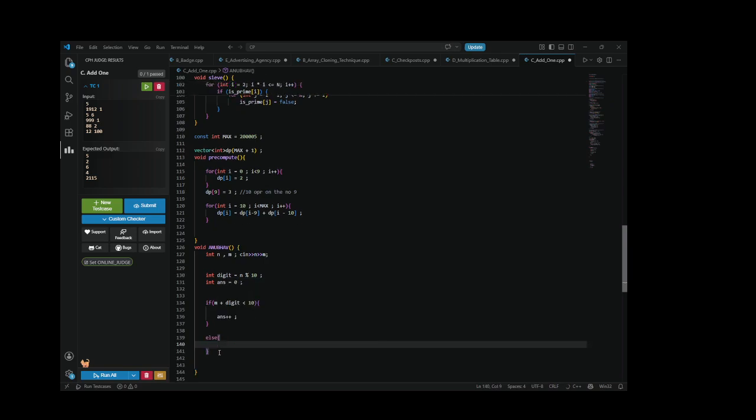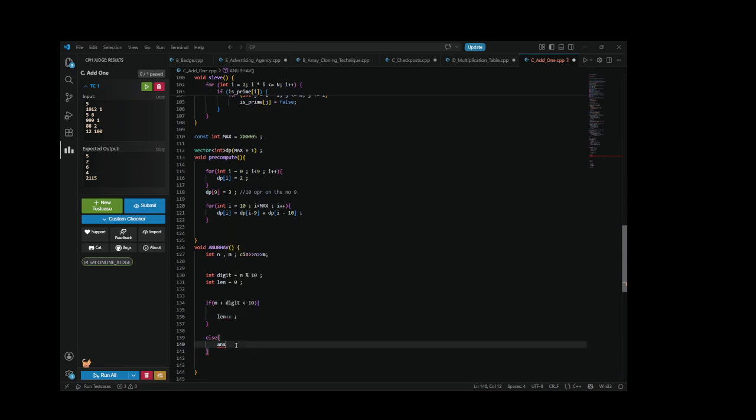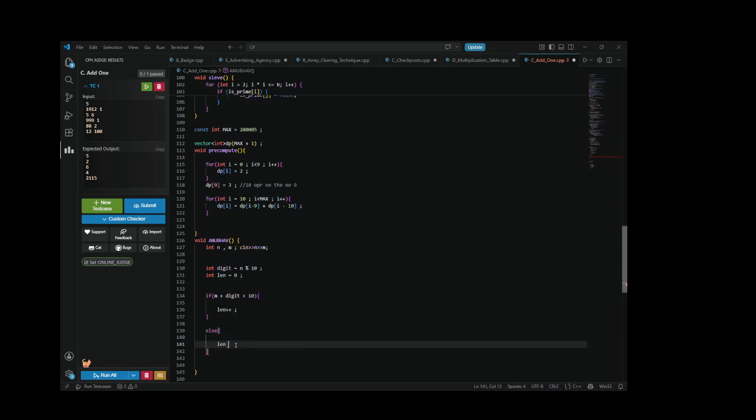Else the length, I should write it as length, the variable name should be pretty much the same as in the problem. Then the length would be increased by dp of digit plus m minus 10. Why am I writing n again and again? m minus 10.